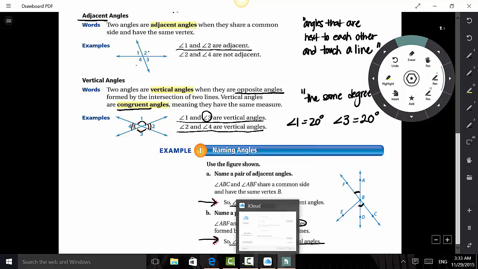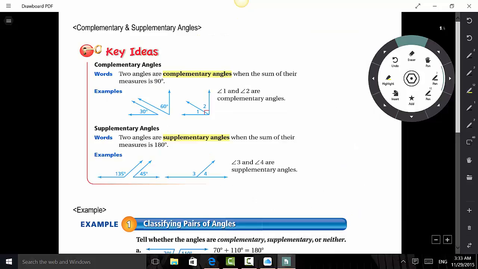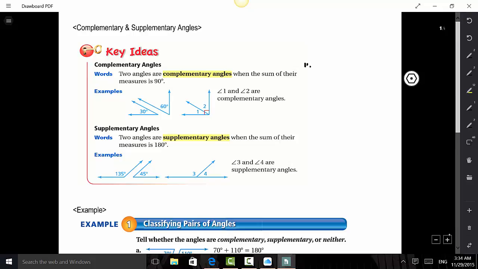Okay. We're at the last two angles. The first one we'll look at is complementary angles. Two angles are complementary angles when the sum of their measures is 90 degrees. So another word for it is the angles that add up to 90 degrees.